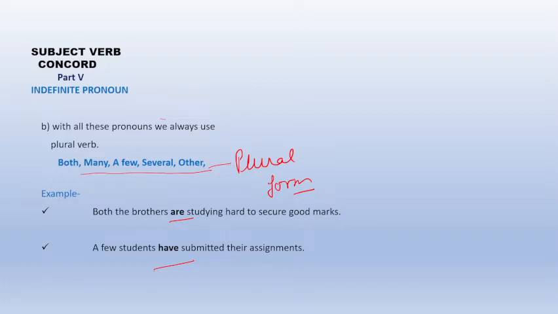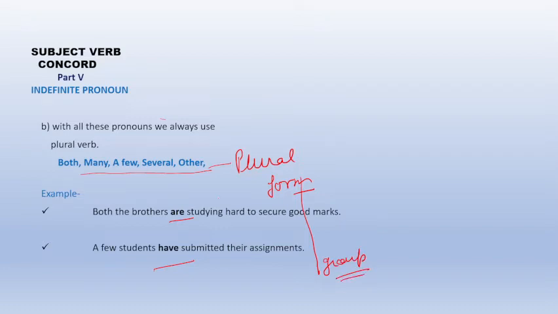Both the brothers are studying hard to secure good marks. A few students have submitted their assignments. Whatever words are there, they are plural, a number of things, a group.